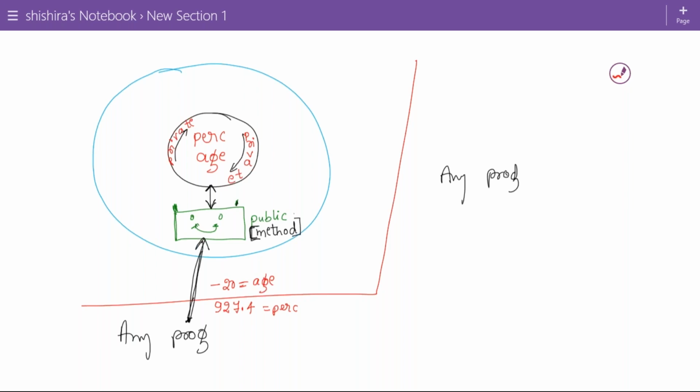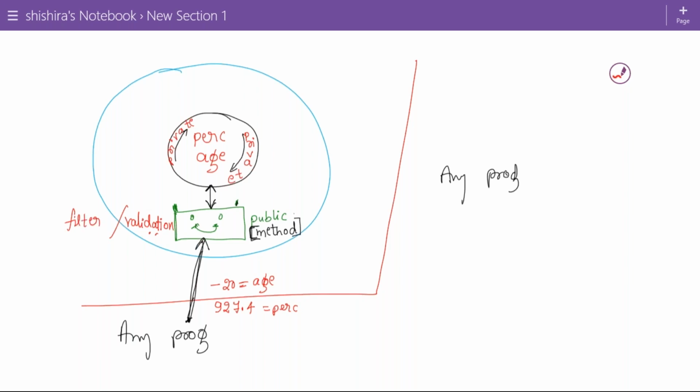So you have to perform a kind of validation here. Data validation must be performed here so that if anyone tries to give wrong data, you perform that validation. Validation is nothing but filtration.